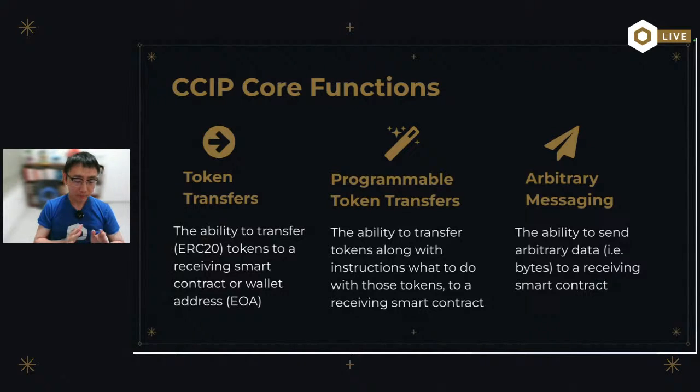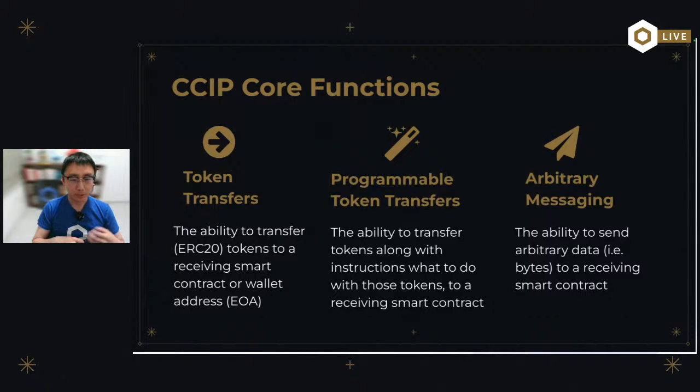And when the business logic became more complicated, we talked more about programmable token transfers. By programmable token transfers, I mean that if you want to transfer your tokens from the source chain to the destination chain, you also want to send some instructions to allow someone on the destination chain to execute and manipulate your tokens.